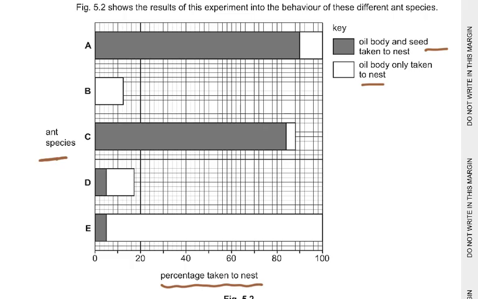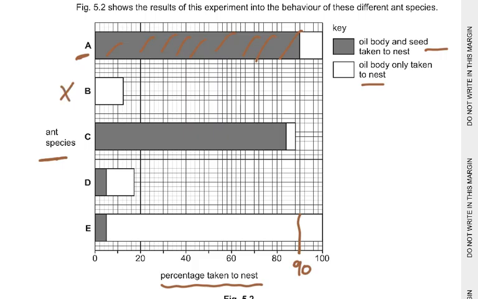Species A, oil body and seed taken: that's about 90%. This is percentage taken to the nest. So 90% of ant species A took the oil body and the seed to their nest, so they helped in the dispersal of the seed.